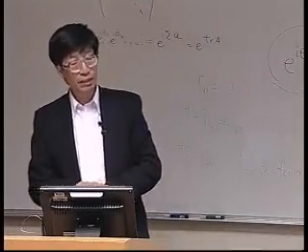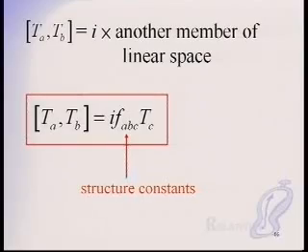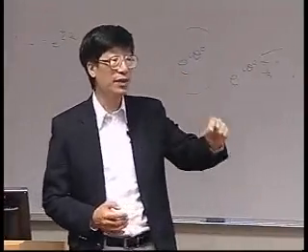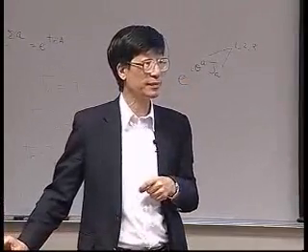So if the commutator of T A, T B is anti-Hermitian and traceless, I can always write it as i times another member of the linear space, that is, i times another Hermitian traceless matrix.